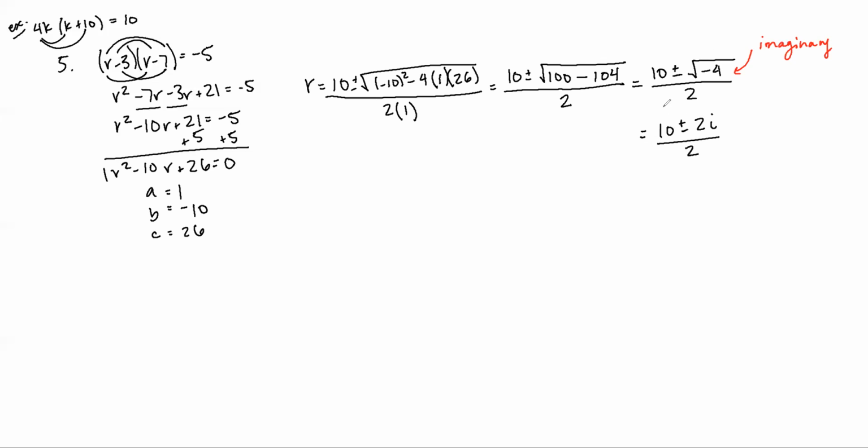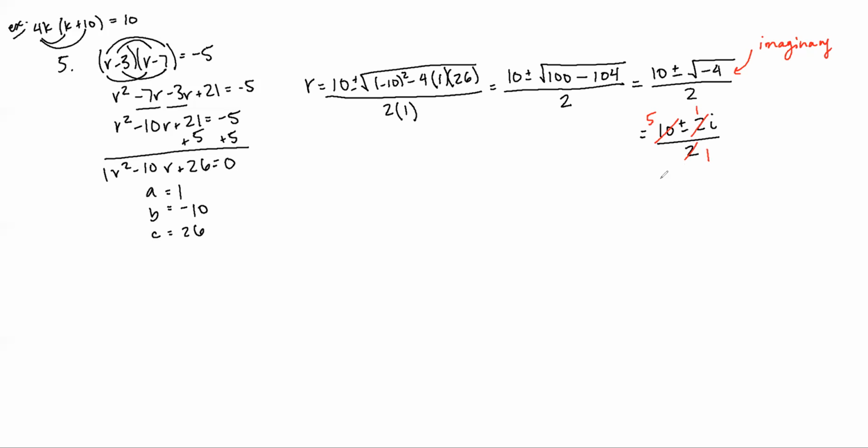Now notice how we can take the 10 and the 2 and divide both of them by 2. If I reduce everything by 2, 10 divided by 2 is 5. 2 divided by 2 is 1. 2 divided by 2 is 1. If we have some number over 1, that doesn't change that number.